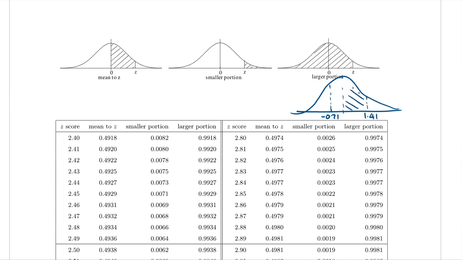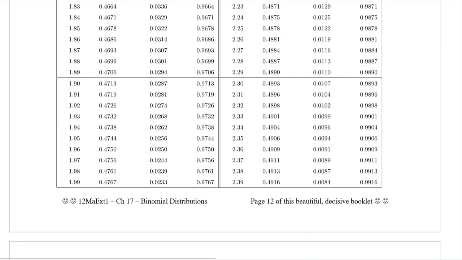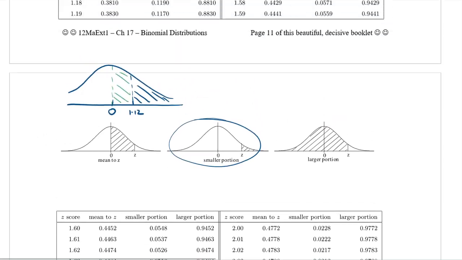So I need that part of the curve, and I need that part of the curve. What would be easier to do is consider that negative 0.71 to be just the positive 0.71, because there's only positive values in this table, right? So if you just find 0.71 and I want it to the mean, where's my 0.71?